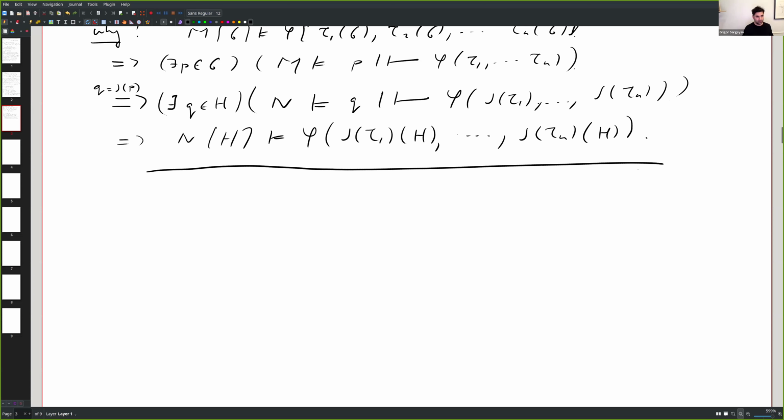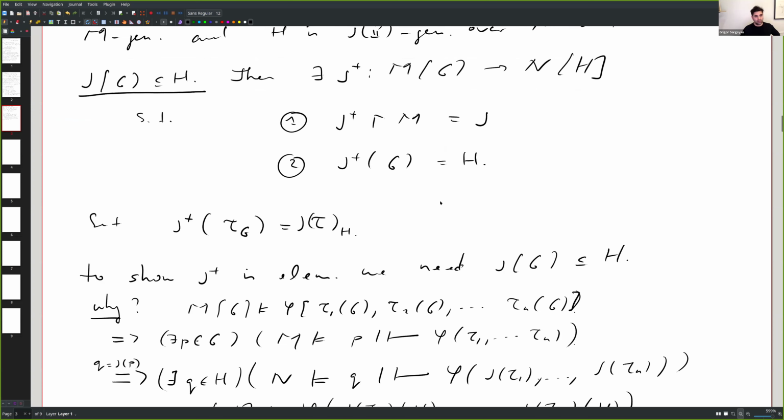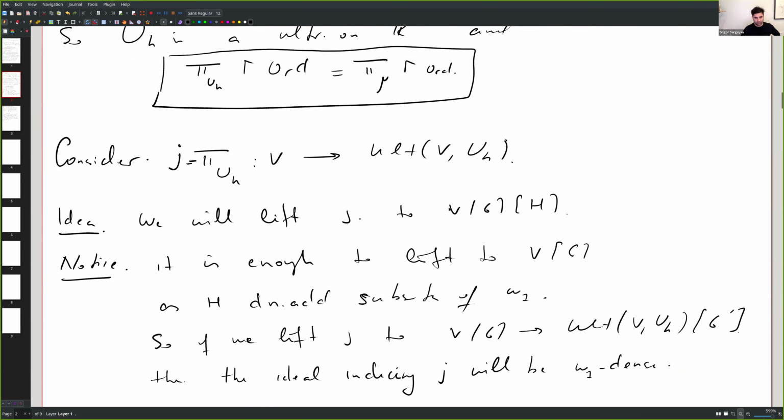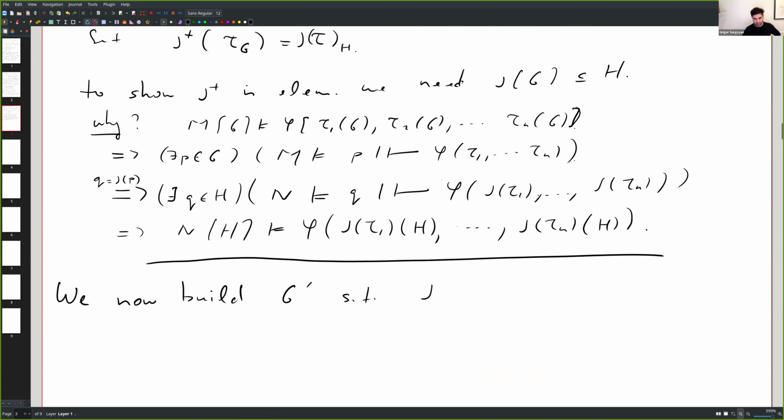Right. So we now build G prime such that J pointwise image of G is contained in G prime.